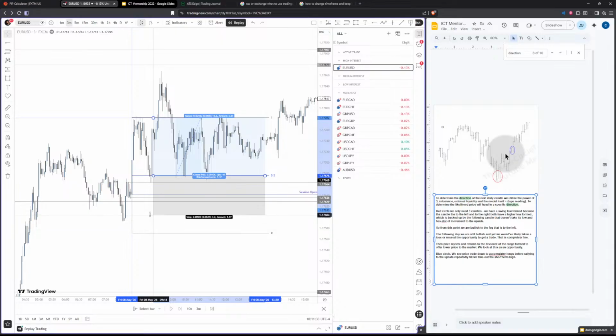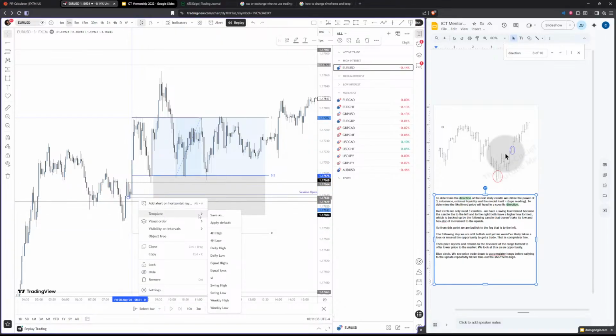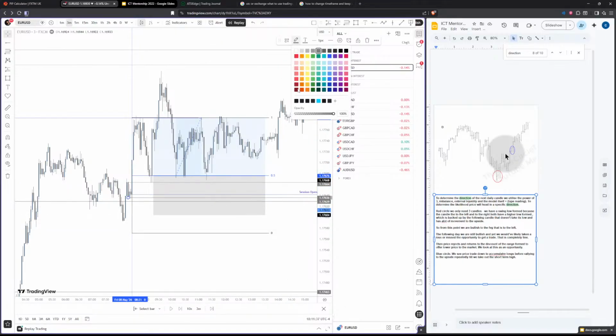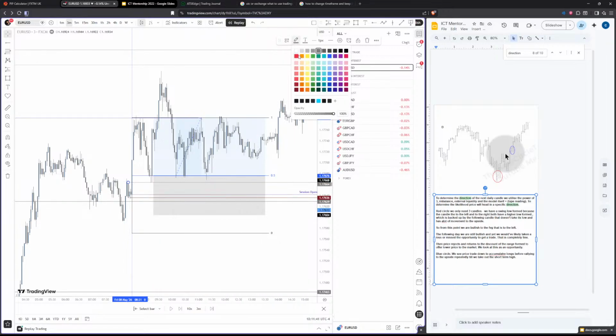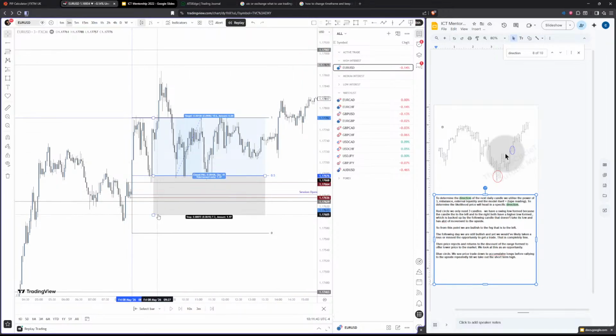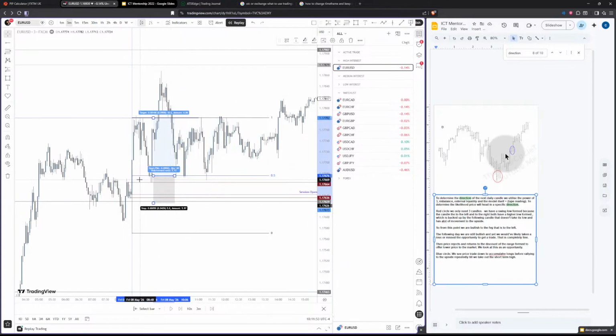This fair value gap, I think. Deep red. And so your stop loss would be here, which makes this a better entry. As soon as it touches it, bam, pretty much goes to delivery. 1 to 2.